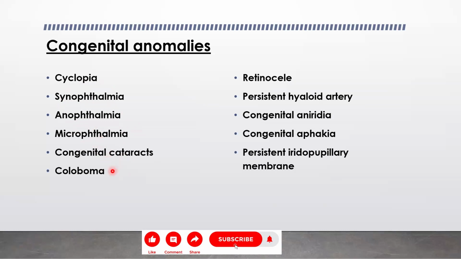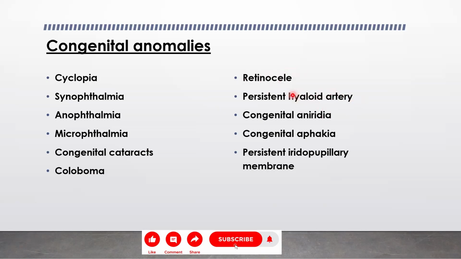Congenital cataracts. You'll see congenital cataracts in a few minutes. Congenital cataracts has an issue to do with the lens or the cornea. Coloboma is an issue to do with the iris due to persistent choroid fissure. Herniation of the retina.